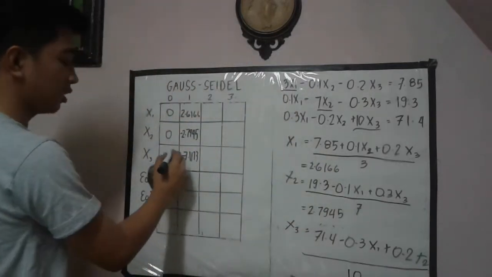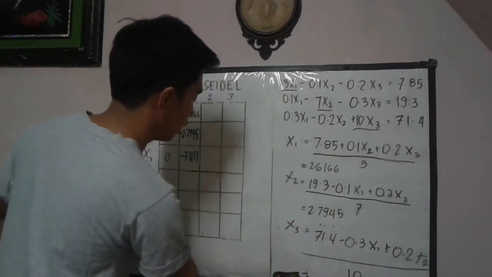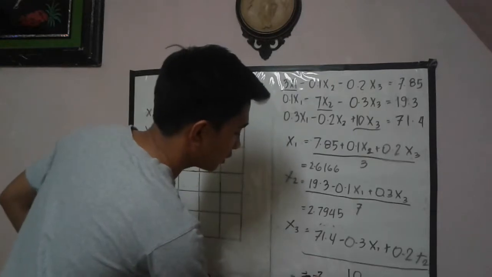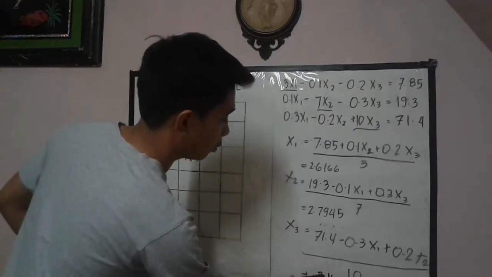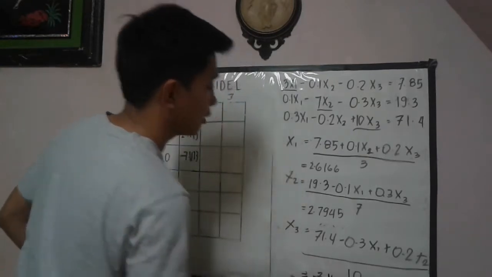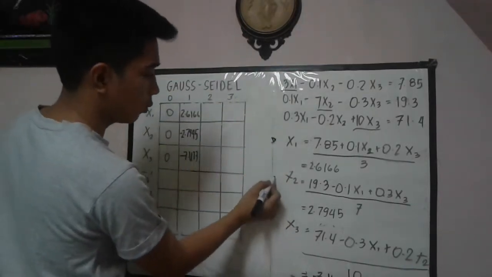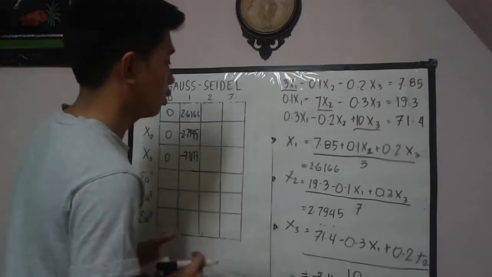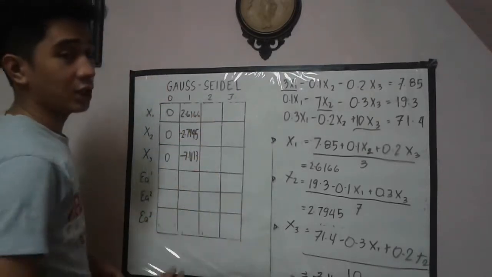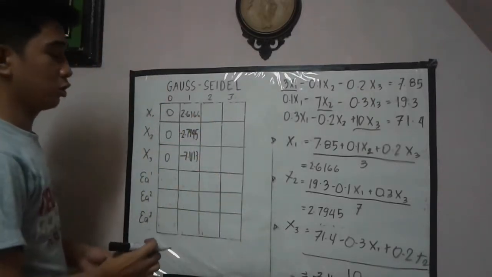Substituting the initial value of 0 will give us the answer of negative 7.1173. This equation will be used again for the second and third iterations of the Gauss-Seidel method.